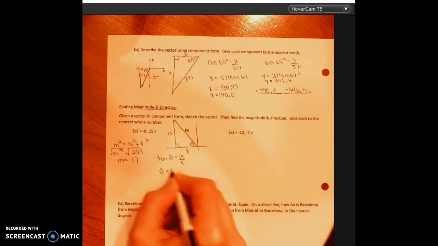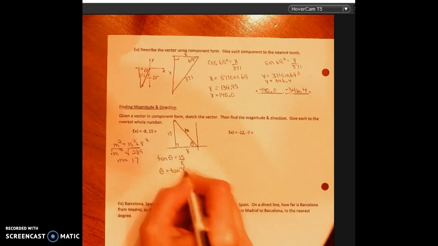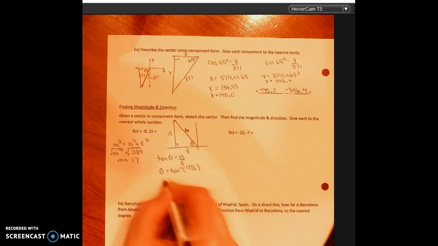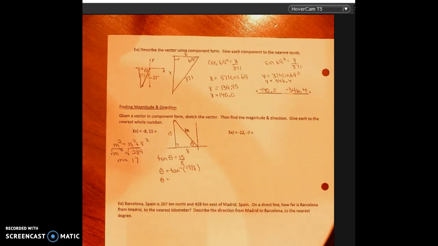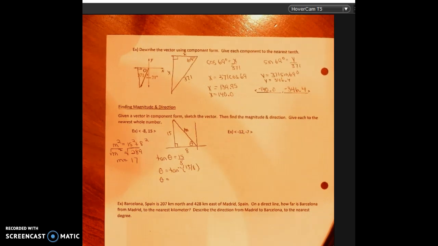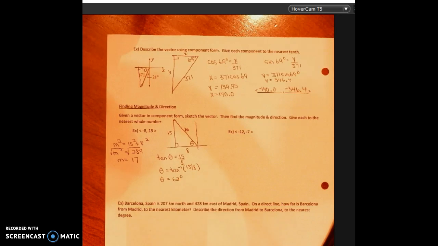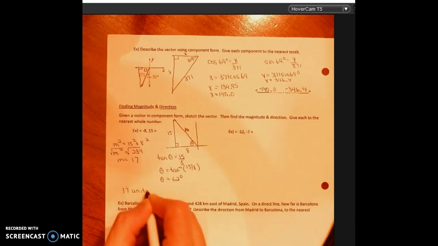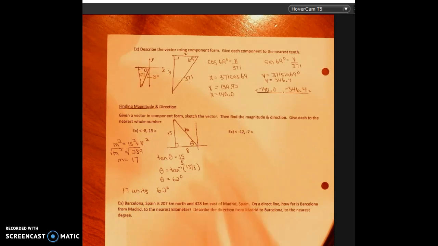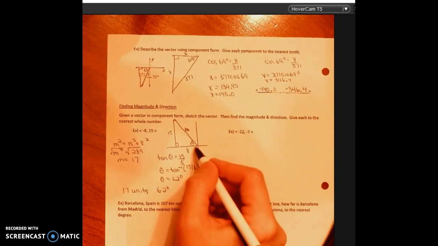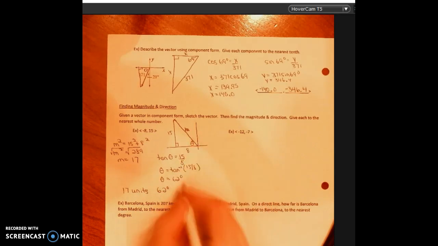This is when we do inverse tan of 15 divided by 8, and we end up with 62 degrees. So the way we can describe this vector, it has a magnitude of 17 units, and it has a direction of 62, and again encompassing what we did on the front side, this would be 62 degrees north of west.